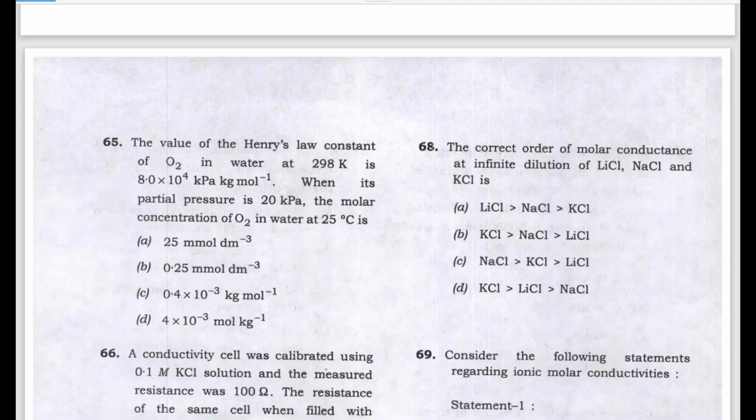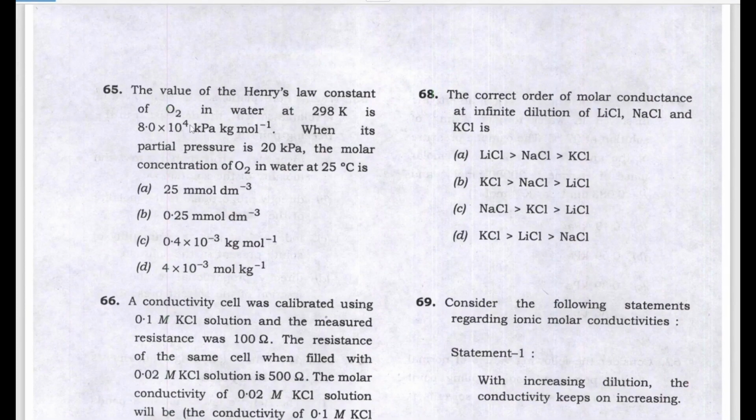In the next question, the value of the Henry's law constant of oxygen in water at 298 Kelvin is given. When its partial pressure is 20 kilopascal, we have to find the molar concentration of oxygen at the same temperature, that is 25 degrees Celsius or 298 K. The value of Henry's constant is provided, 8 into 10 raised to power 4 kilopascal kg per mole.